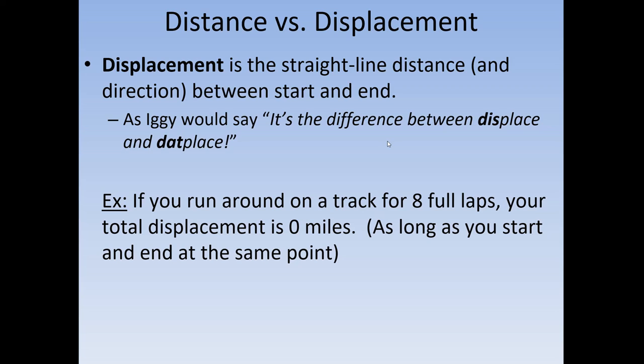But if you have a Fitbit or an Apple Watch or something like that that measures and tracks your steps, you can figure out how much distance you covered during that day. So your distance and your displacement are two different things. Distance looks at everything you did. Displacement only looks at start and end and nothing else.